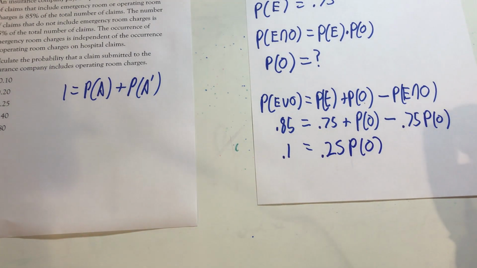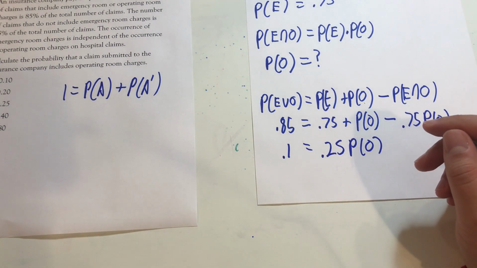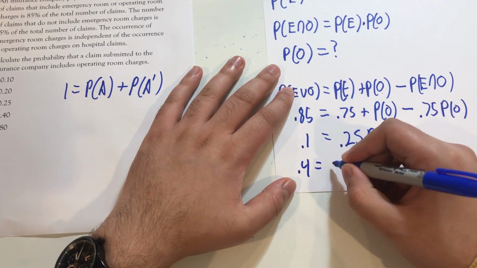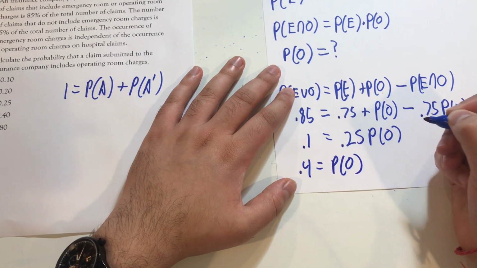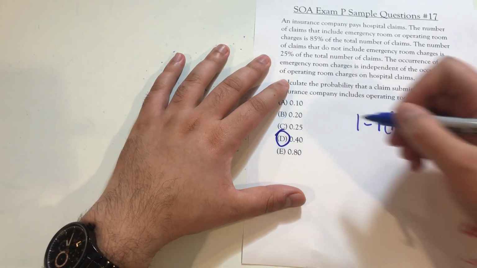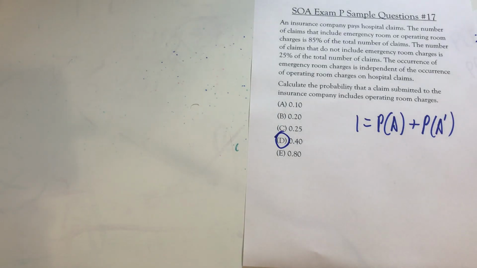Then I can divide both sides by 0.25. So 0.1 divided by 0.25 is 0.4. So 0.4 is equal to the probability of operating room charges. Easy as that. That is our final answer, which corresponds with answer choice D.